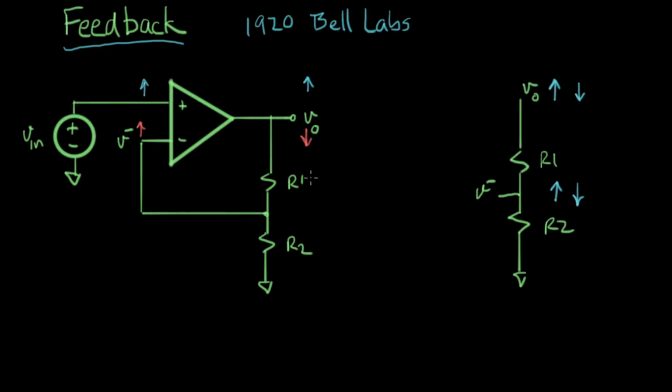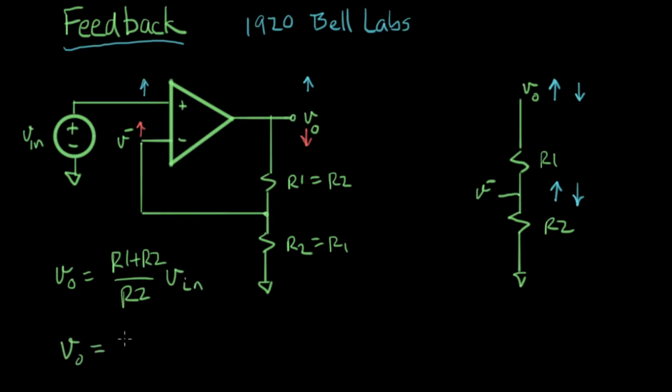Now let me set up just an example circuit. We'll set R1 equal to R2. From the last video, we developed the gain expression, and we said that V out equals (R1 plus R2) over R2 times V in. With these resistor values, V out equals 2 times V in.